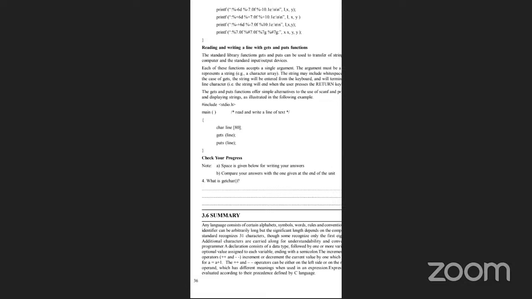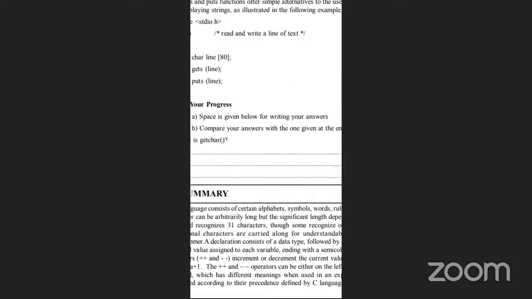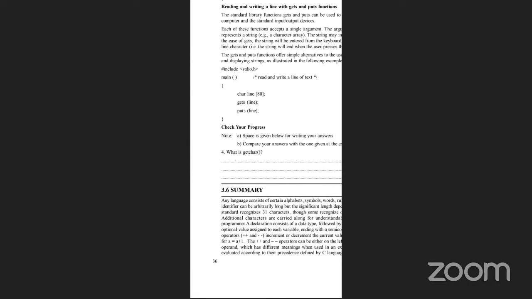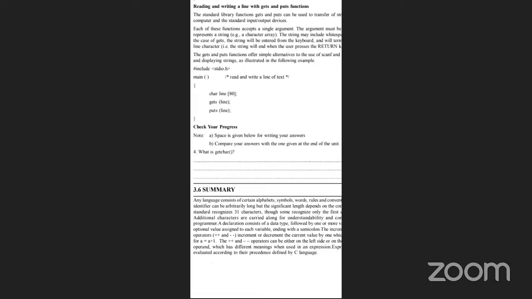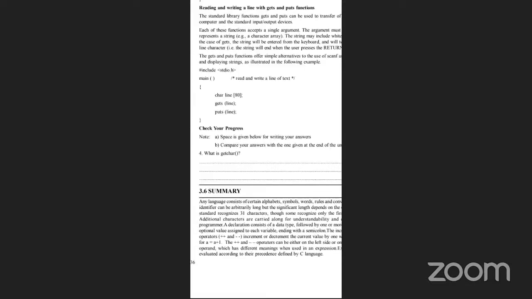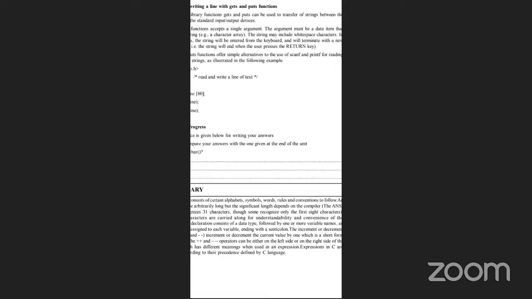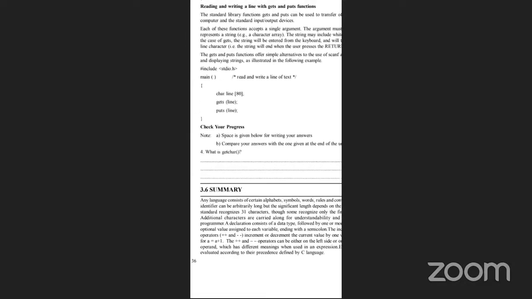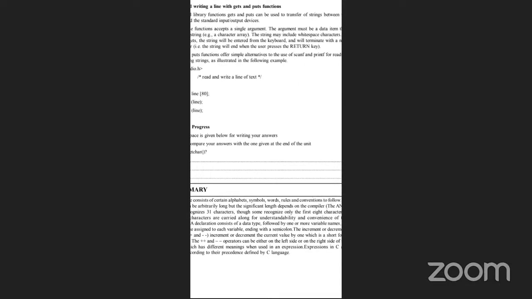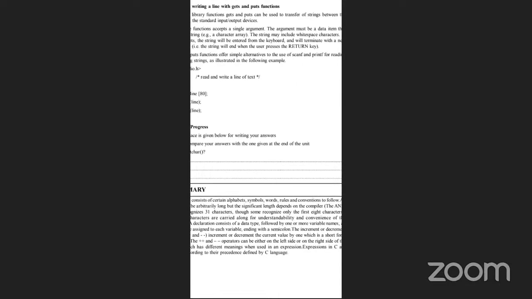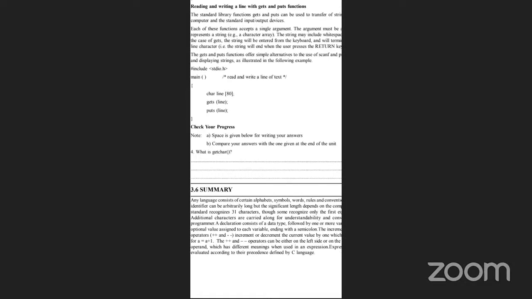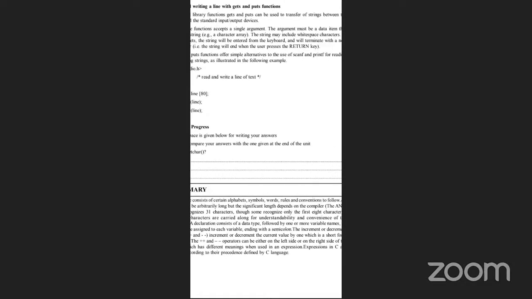This is the summary of what we have learned in all these. Any language consists of certain alphabet symbols: capital A to Z, small a to z, and digits 0 to 9. According to the ANSI standard, we can recognize 4 characters. A program declaration is a data type followed by one or more variable names and optional values assigned to each variable, ending with a semicolon.